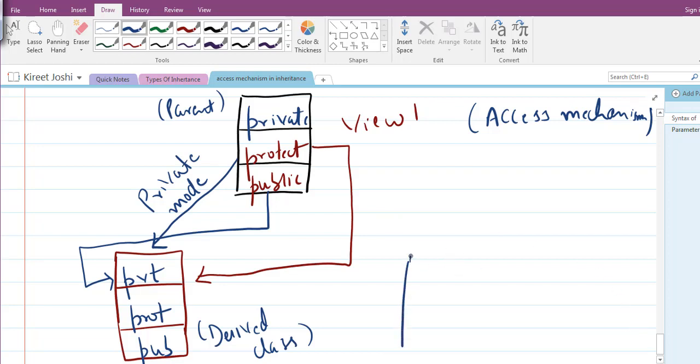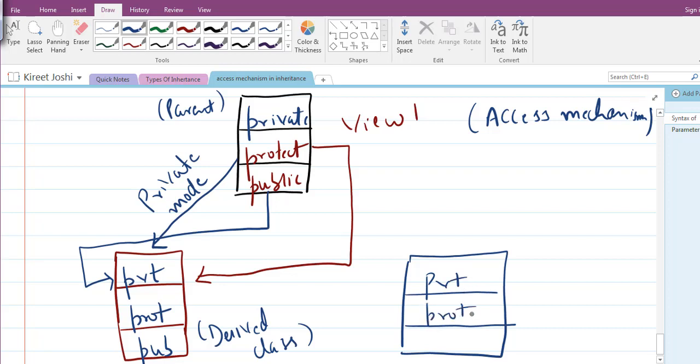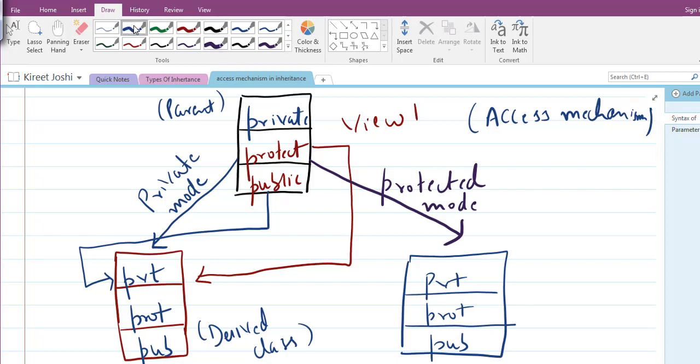Second, if the mode of inheritance is protected: this is also private, this is also protected, for example, and this is also public. If the mode is protected, then the private will not change, as they are not accessible in the derived class, as we have seen.